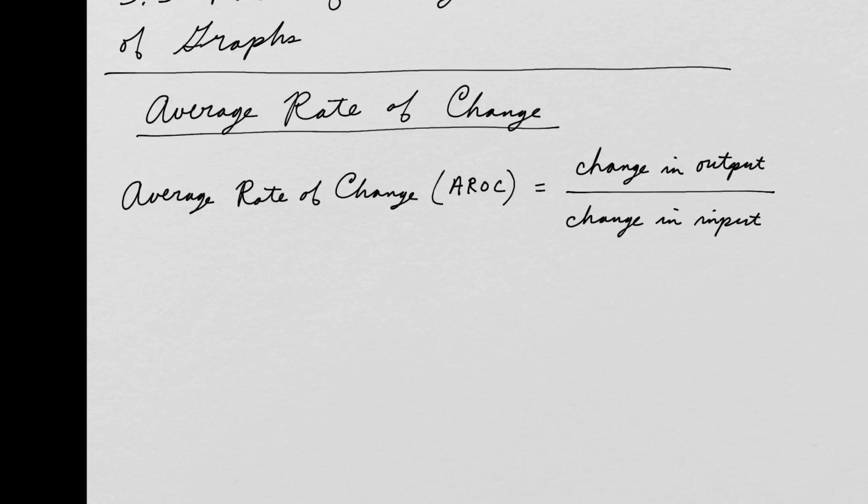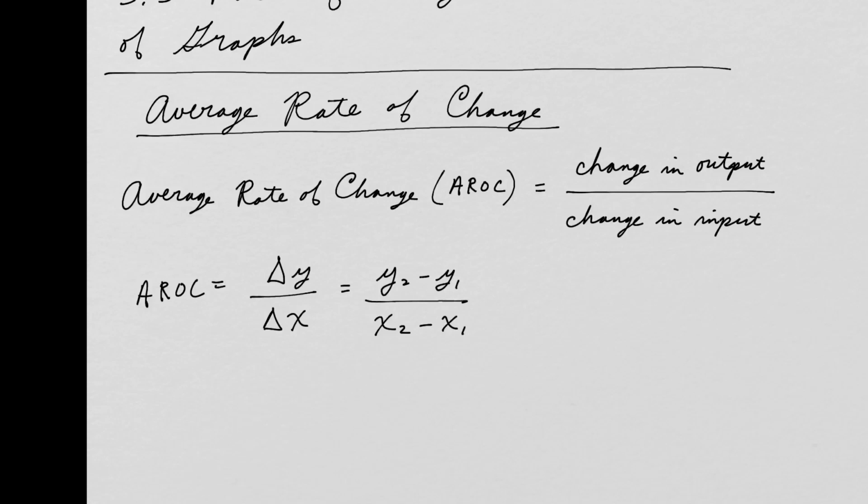Typically we call the output y and the input x, right? So I could also define average rate of change as delta y, the change in y, over delta x. But remember, delta y is y2 minus y1, and delta x is x2 minus x1, where we have points (x1, y1) and (x2, y2).